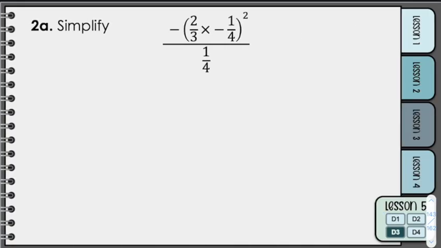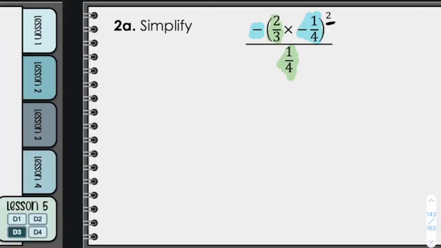We have a negative, we have a positive, and then we have a negative value. That's getting squared, so that's important. Then that's going to be over a positive value. So let's go back.